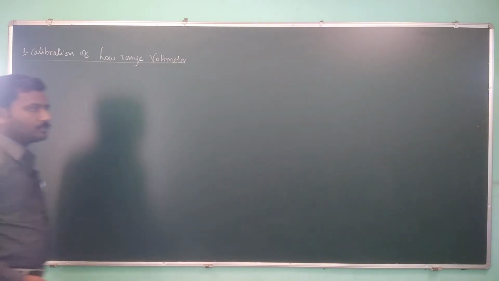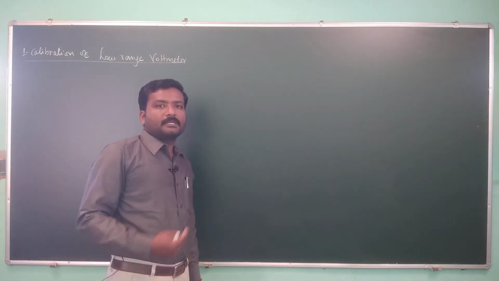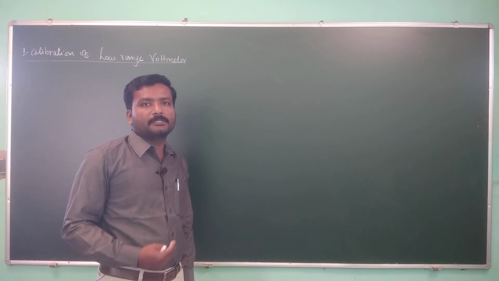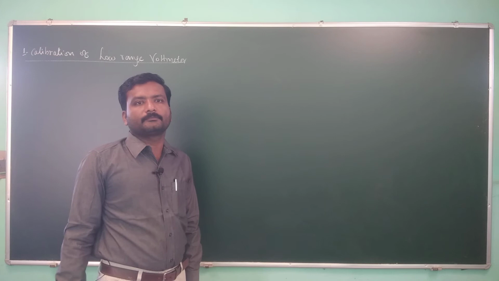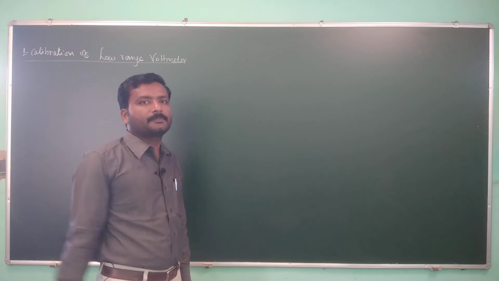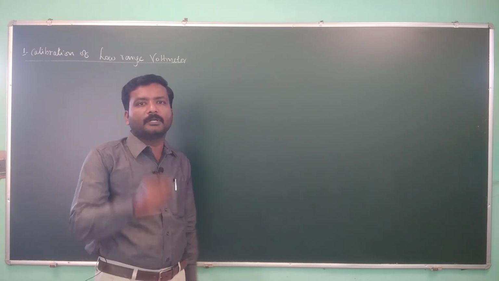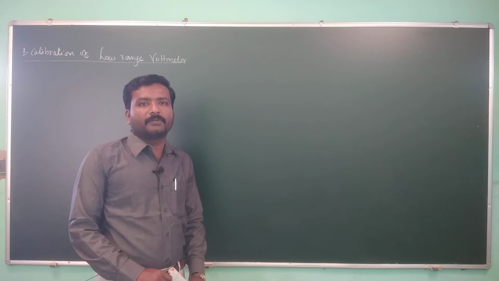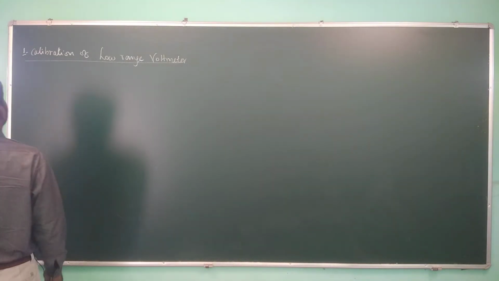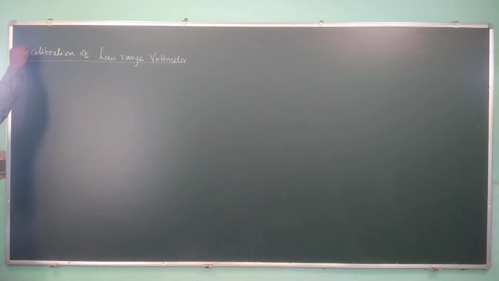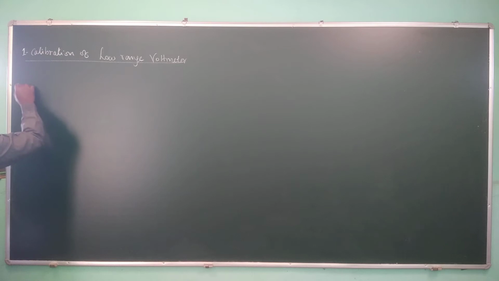In the previous lecture, we have discussed how to calibrate the low range ammeter using potentiometer, and we have discussed the experimental procedures and given a simple formula to estimate that value. In a similar fashion, we will discuss this topic as well. For that, we need to follow a two-step procedure in the experiment.